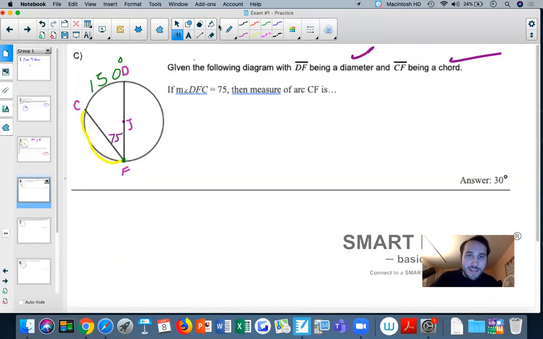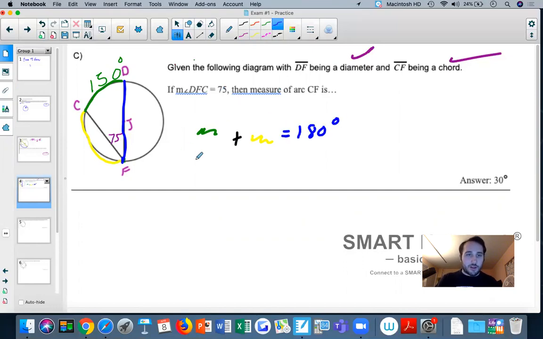degrees. But they tell us that DF is a diameter. And remember, diameters cut a circle in half, which is 180 degrees. So that means the green arc plus the yellow arc, so green plus yellow is 180 degrees.